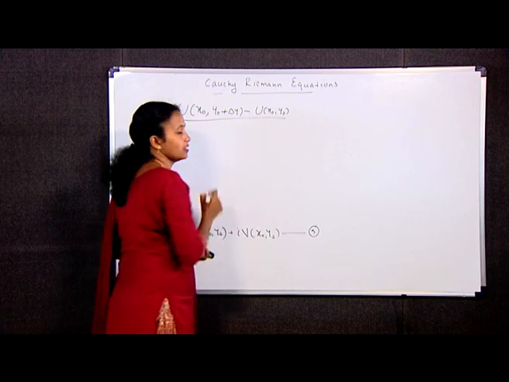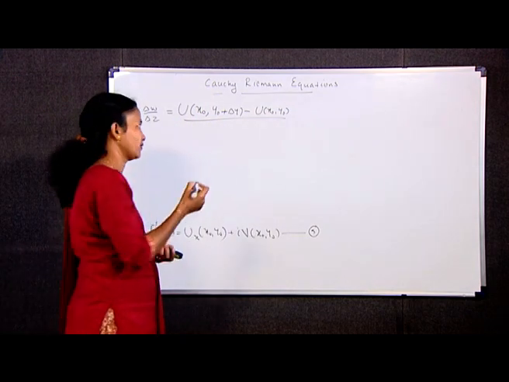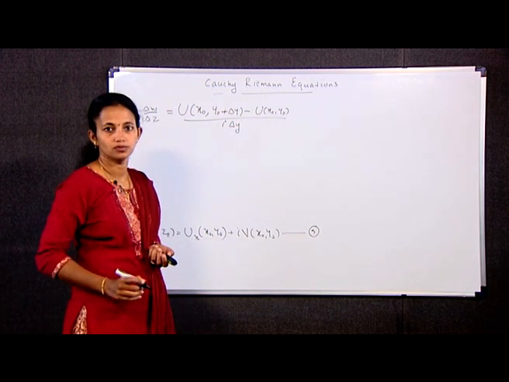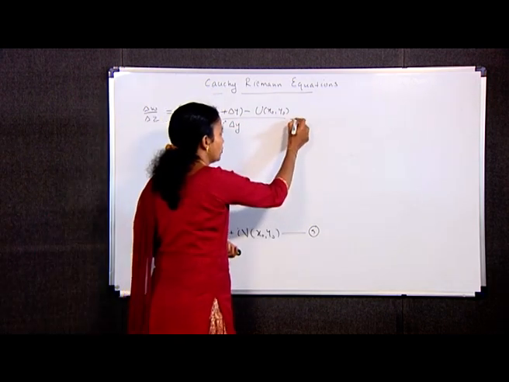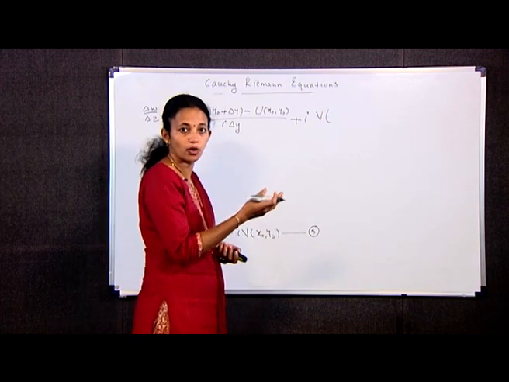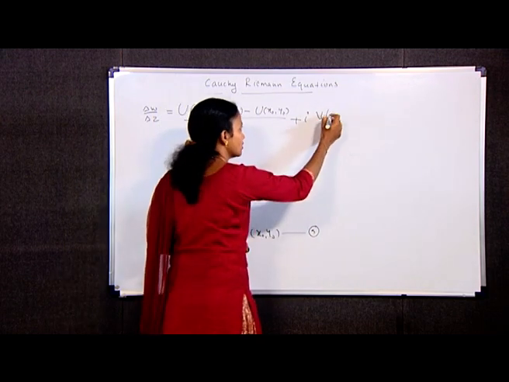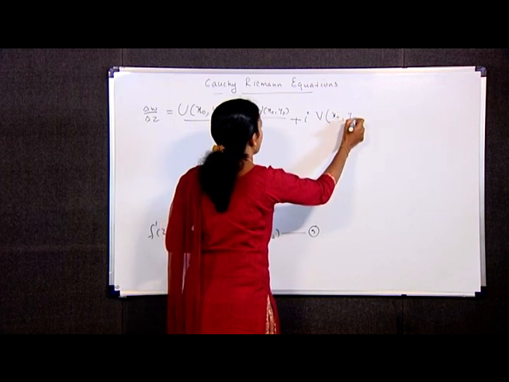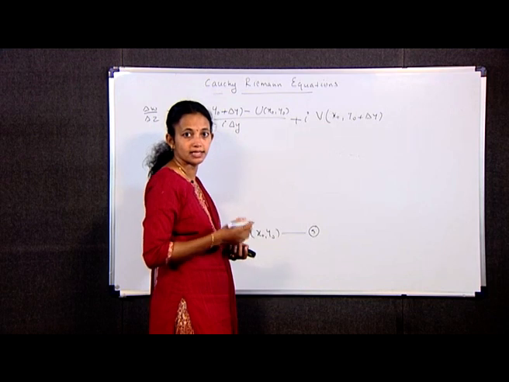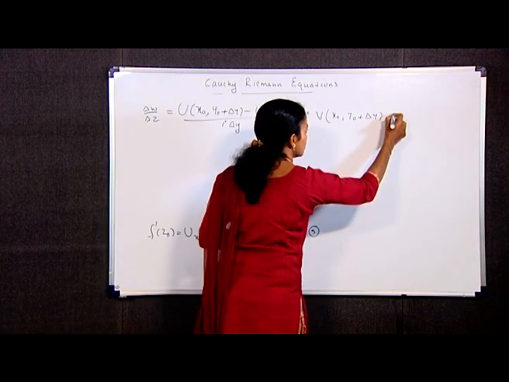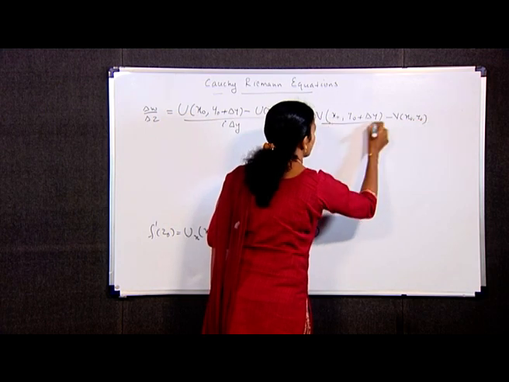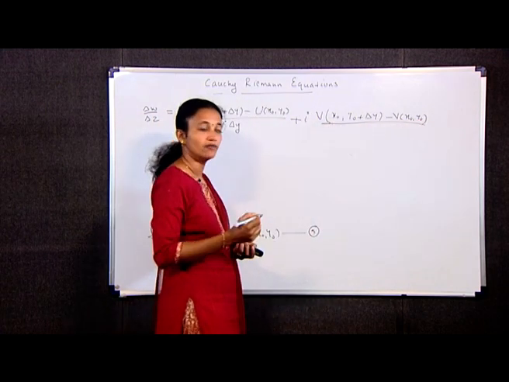whole divided by i delta y, plus, next term, i into v(x naught, y naught plus delta y) minus v(x naught, y naught) divided by i delta y.